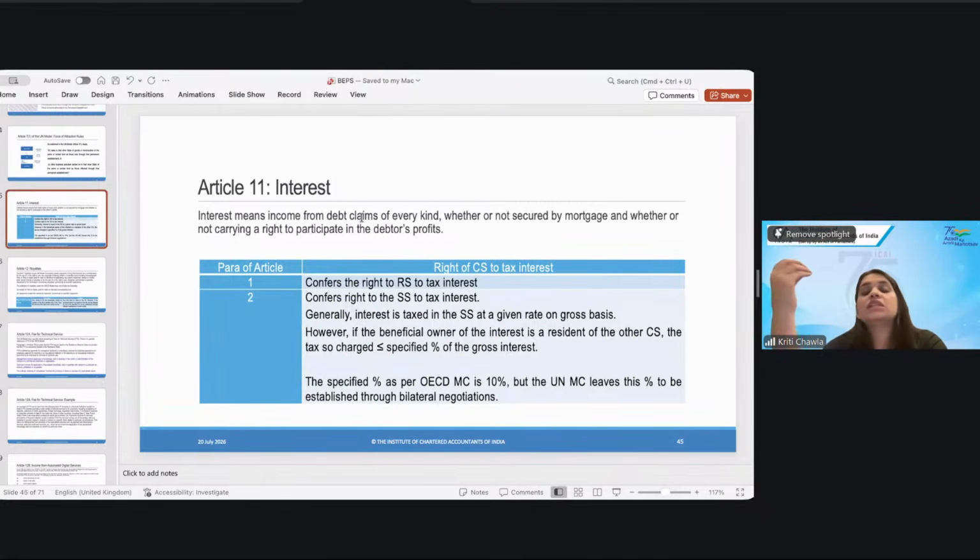However, if the beneficial owner of interest is a resident of the other contracting state, then the tax or charge has to be less than a specified percentage of the gross interest. This specified percentage in the OECD Model Taxation Convention is 10%, but the UN Model Taxation Convention has left it to bilateral negotiations to identify this particular percentage.